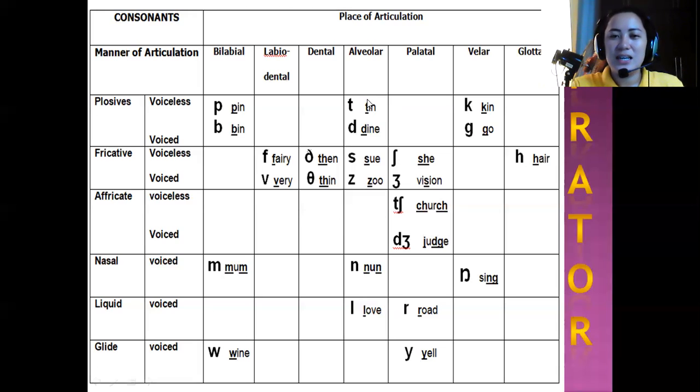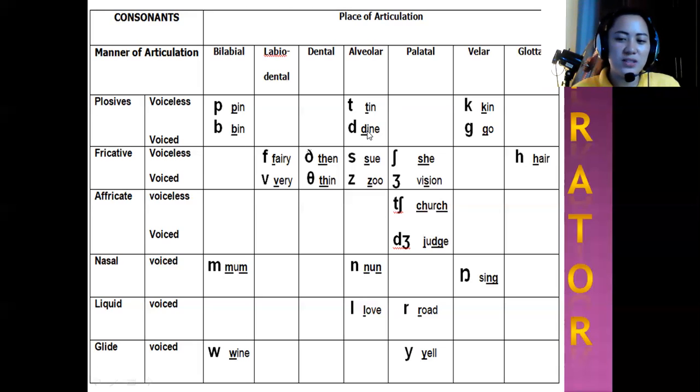Next we have the alveolar. Where is your alveolar ridge again? It is at the back of your upper teeth. Here we have the sound of voiceless t and the sound d. Be sure that the tip of your tongue is touching your alveolar ridge.